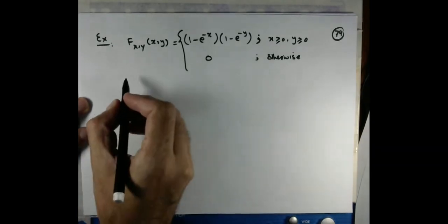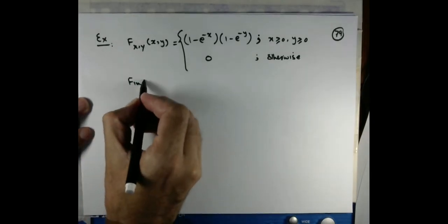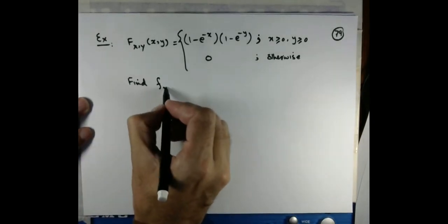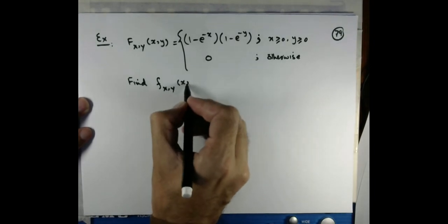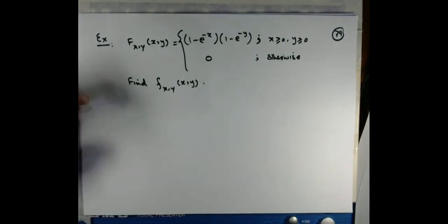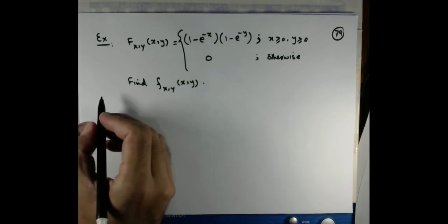We need to find the joint PDF of these two random variables.